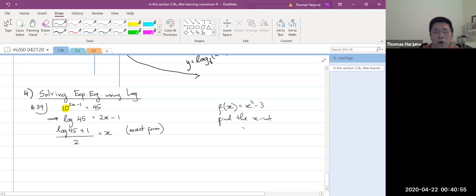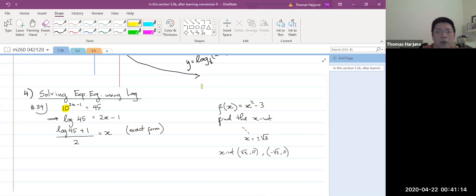Then when you solve, you will get x equals plus or minus square root of 3, right? So we say the x-intercepts are (square root of 3, 0) and (negative square root of 3, 0). That's how we answered before.